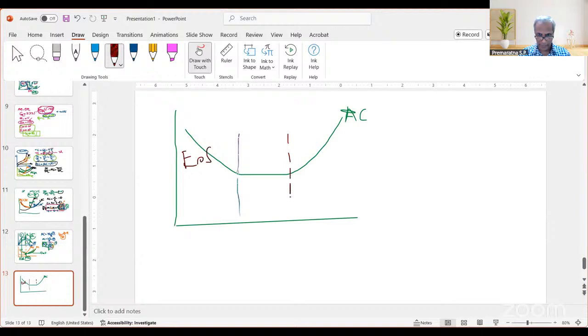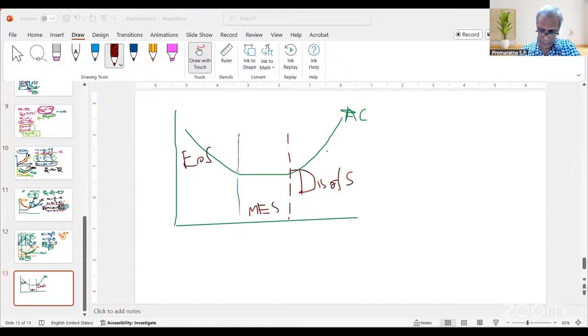Some period here, the minimum point, you can take as the minimum efficient scale. Then we reach the diseconomies of scale.